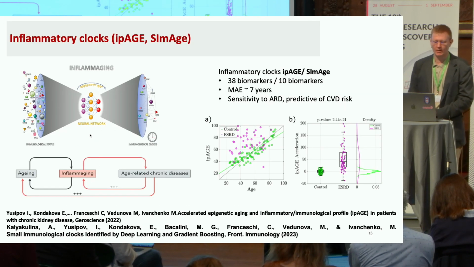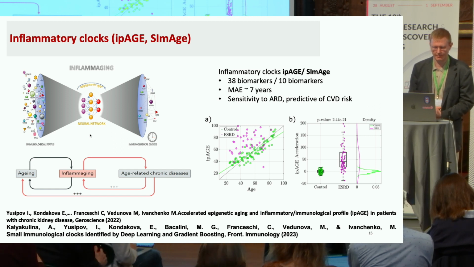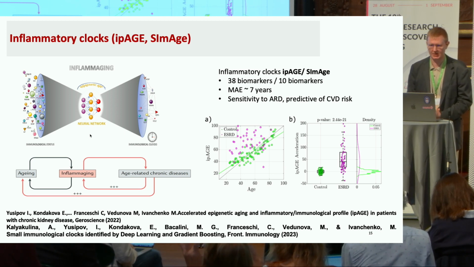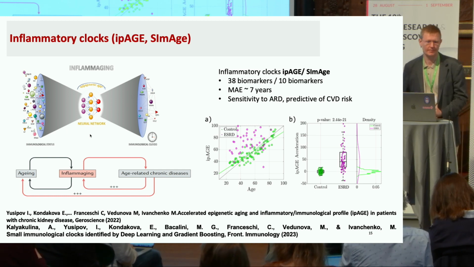And my colleagues applied this approach to their experimental data based on 38 or 10 cytokines of inflammation. They made 2 kinds of inflammatory clocks in collaboration with Claudio Franceschi.